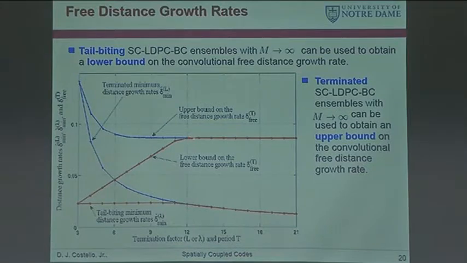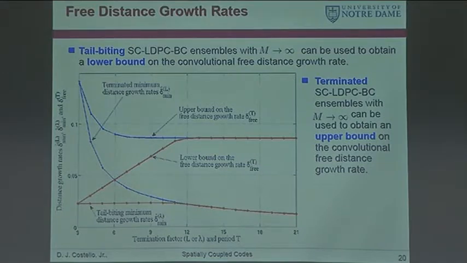And the two bounds meet here if the termination factor is long enough. And this essentially tells us what the free distance growth rate is for these terminated ensembles, as long as these are periodically time varying, as long as the period is large enough, at least about 12 constraint lengths. So again, I don't expect you to follow this.